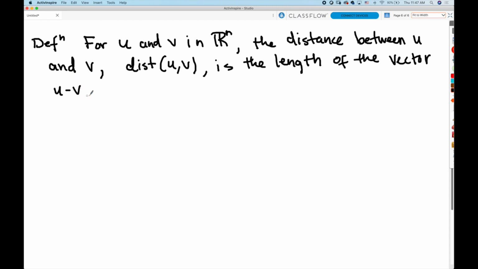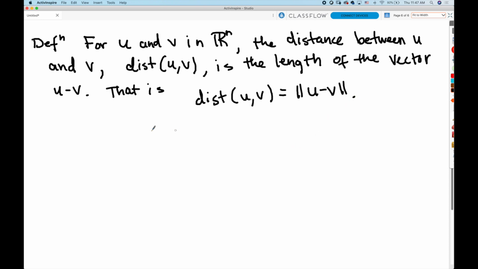So we can write the distance of u and v as the length, or the norm, of u minus v. Okay, so this is how we're going to find the distance.